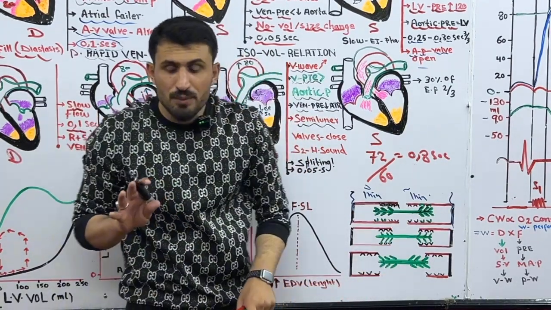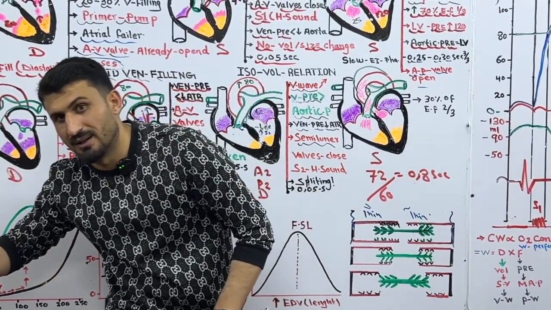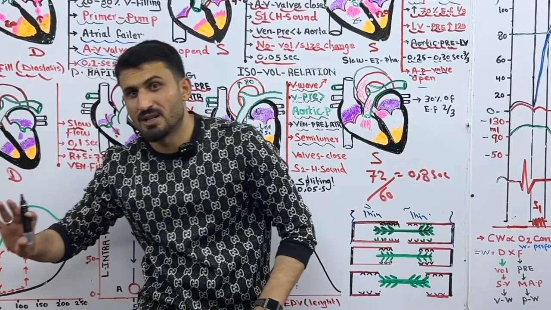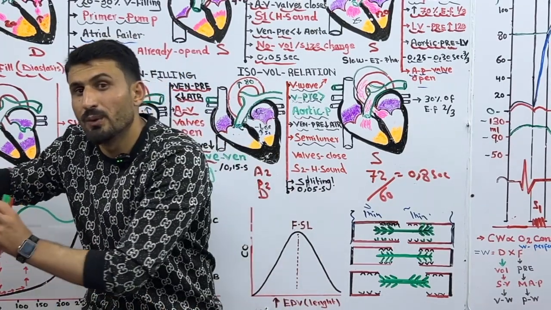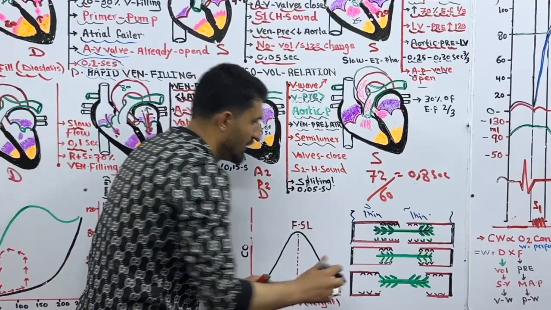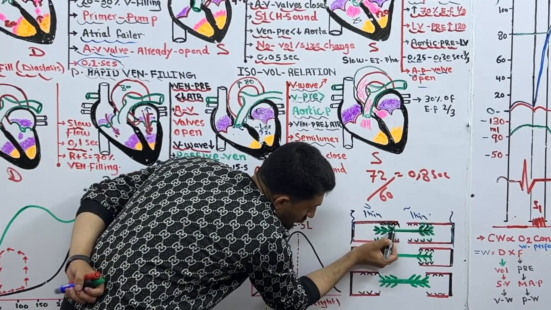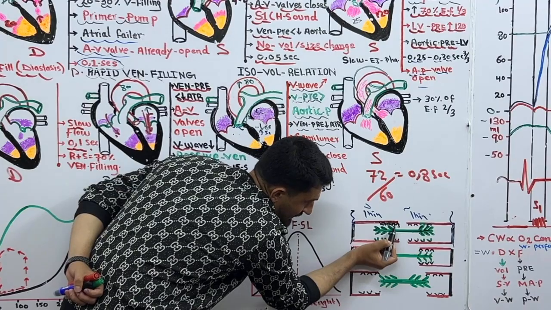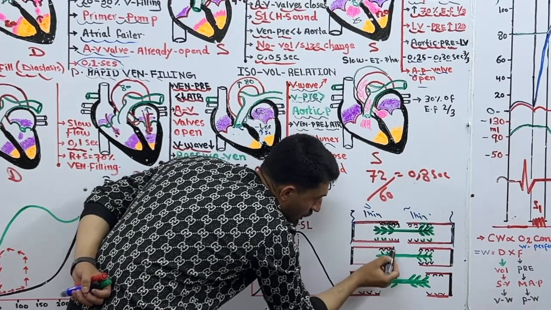Now I'm going to put a bit more blood volume, which Frank Starling law explains that the more you put, the more you will take, or the more you will gain cardiac output. Now in this second situation, come here. In first situation, these four active sites were free.